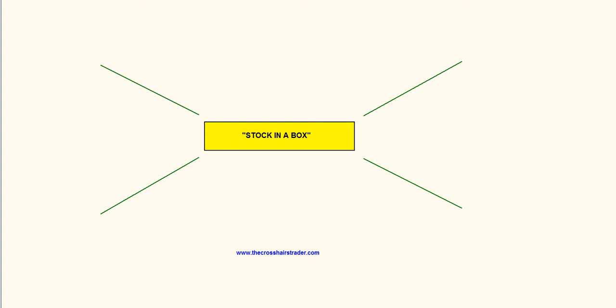So when we look at our diagram here, let's discuss it. So let's say a stock has been trending higher, or at least the price has been rising. And after a while, a trend gets exhausted and it doesn't necessarily reverse. It may simply go into a period where it's back and forth. There's a lot of indecision within this box.